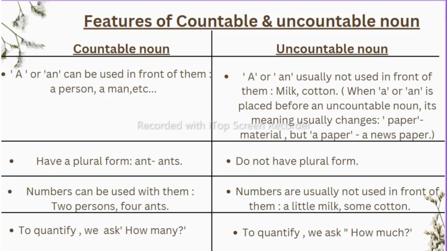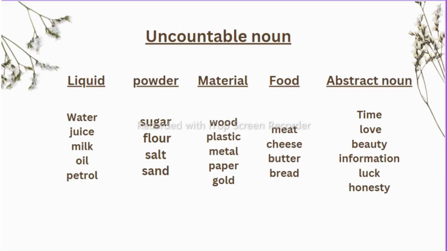To quantify a countable noun, we ask questions like how many girls are there, how many boys are there. But to quantify an uncountable noun, we ask how much water do you need, how much money do you have, etc. Some other examples of uncountable nouns are liquid, powder, material, food, and abstract nouns.